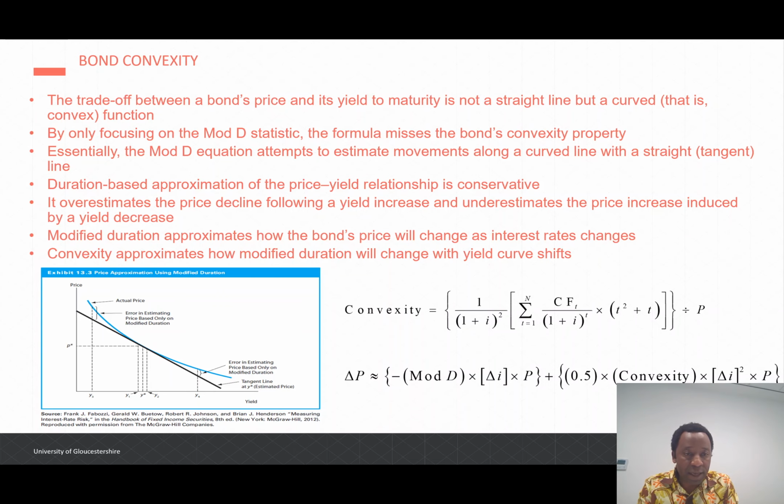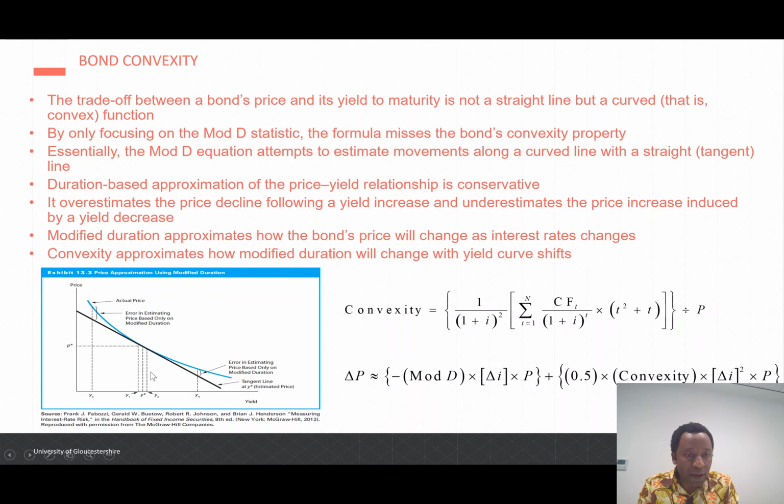And the basic measure of sensitivity that you know of already is probably the duration. Right? If you remember the duration, it is captured by this black line here. It assumes that there is a linear relationship between the yield and the price. So you can see it's a straight line. Okay. However, we know that that is a very basic way to capture that relationship.